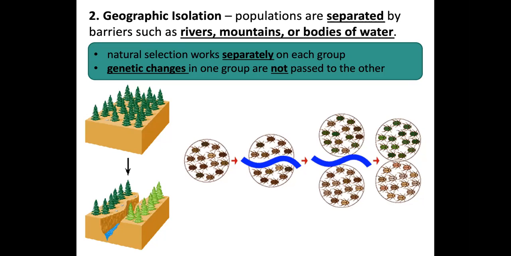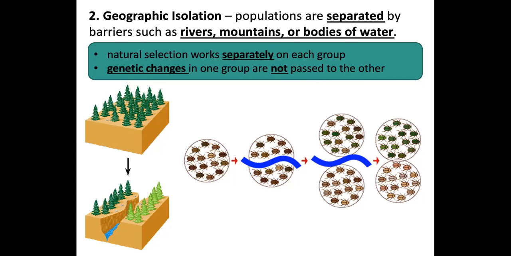So they need to be able to adapt, to be able to survive and reproduce. Genetic changes that occur in one of the groups are not necessarily passed on to the other. So that barrier causes speciation. So behavioral isolation, geographic isolation.